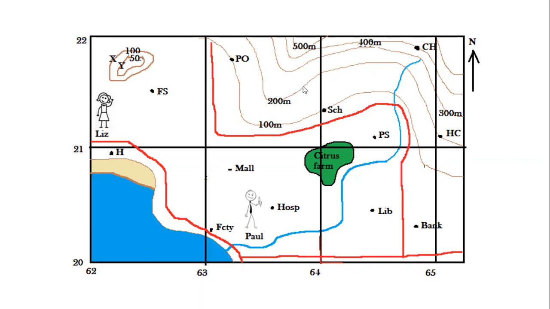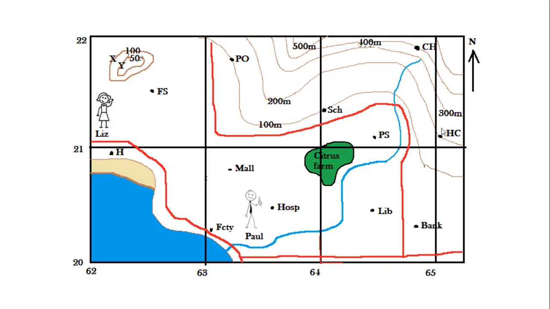So if Liz's mom is located at a height of 200 meters and the school is located at 100 meters, in order for her to walk from the health center where she works to the school, she will actually be going downslope.